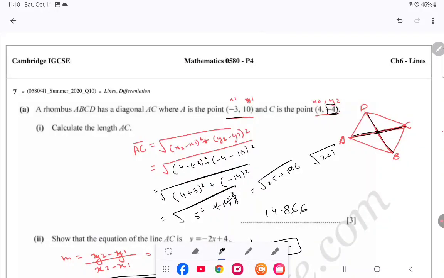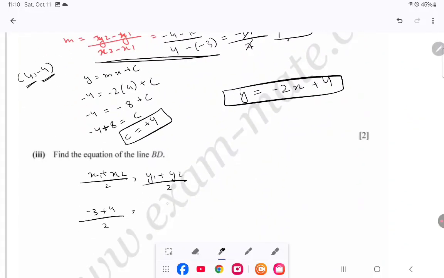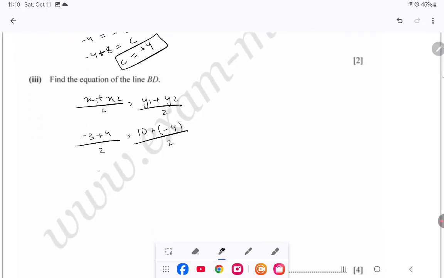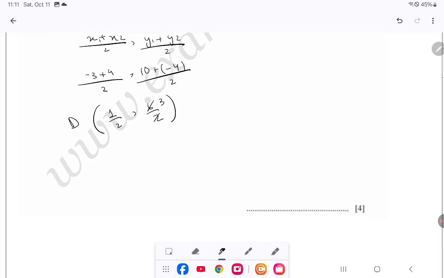Now y2 is negative of 4 and y1 is 10 over 2. Now 1 over 2 comma 6 over 2. 2 into 3 is 6. So these are the midpoint, which is also the value of D. These are also the point of D because it is intersecting AC and BD at a point.